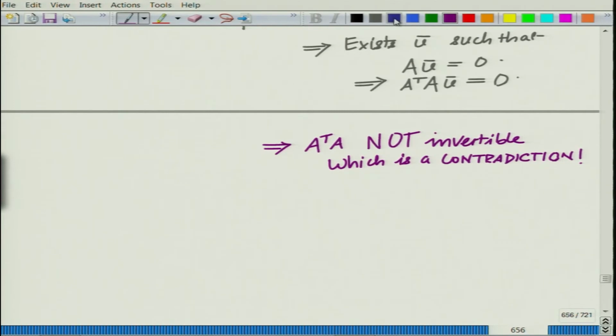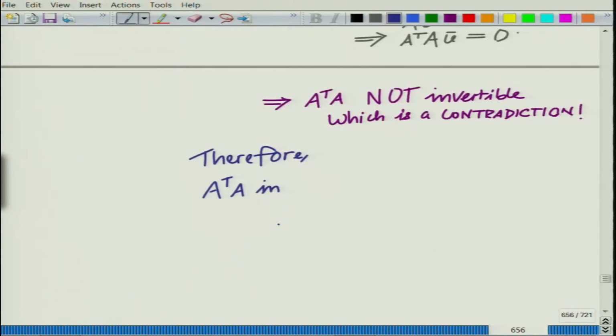Therefore, we must have that A transpose A invertible must imply that rank A equals n.